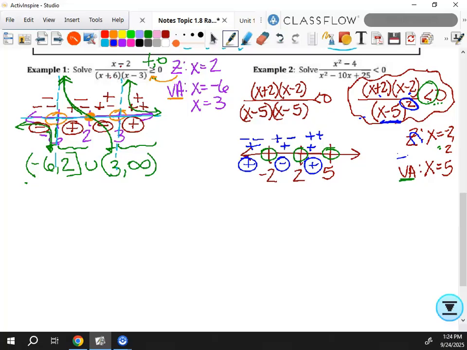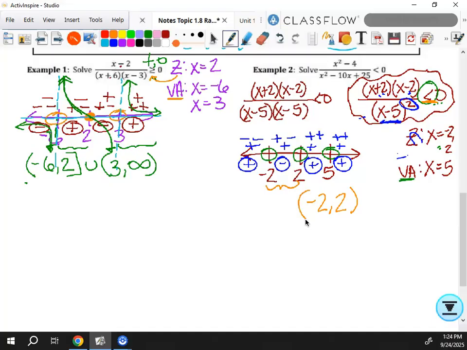I can pick 6, so that'll be positive, positive, positive again. Then I have to identify what I'm actually looking for. I want this when x is less than 0, so that means I want negative here. -2 to 2. I put open circles on both, so it's open.